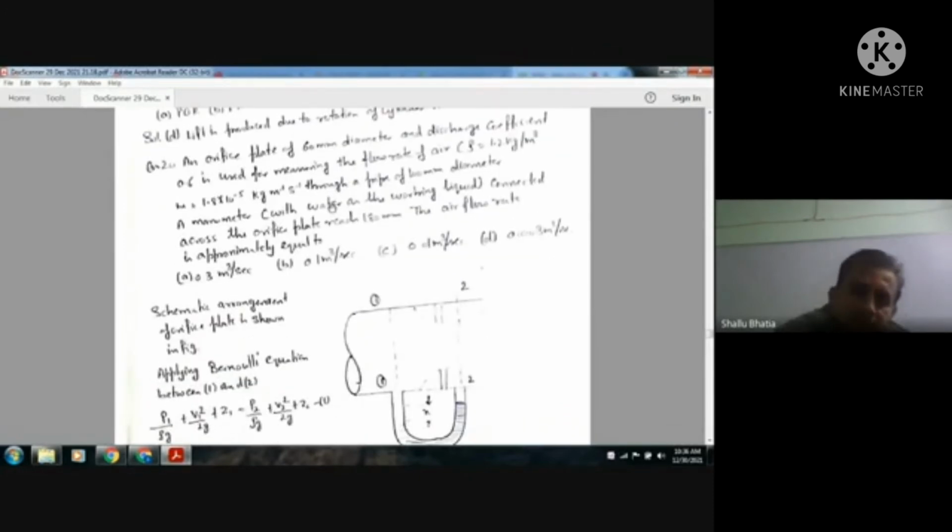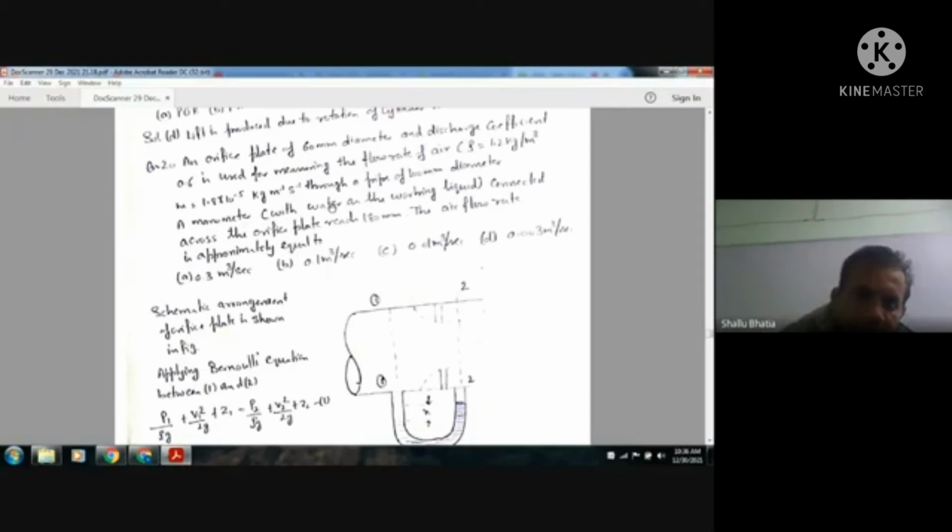An orifice plate of 60 mm diameter and discharge coefficient 0.6 is used for measuring the flow rate of air. Rho is equal to 1.2 kilogram per meter cube, mu is equal to 1.8 times 10 to the minus 5 kilogram per meter per second, through a pipe of 100 mm diameter.